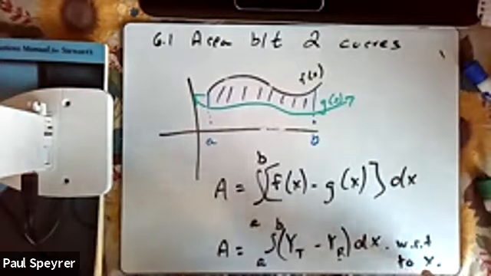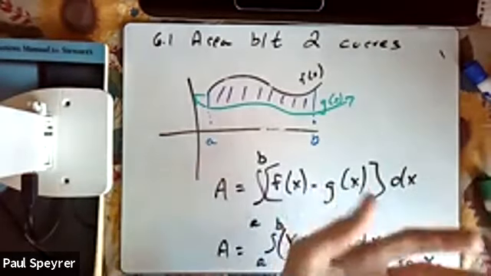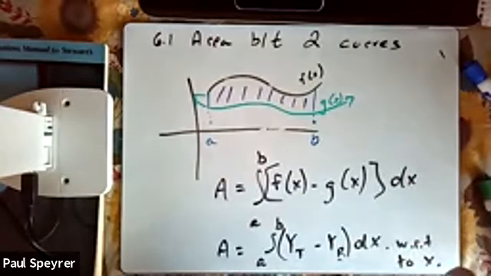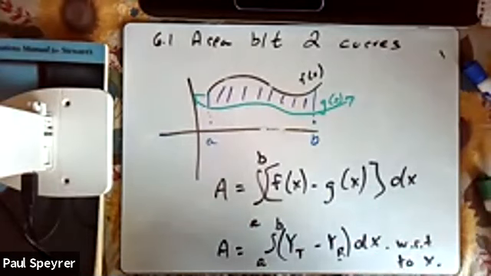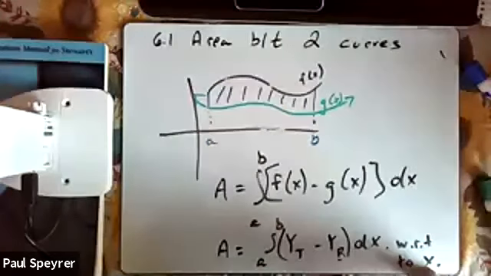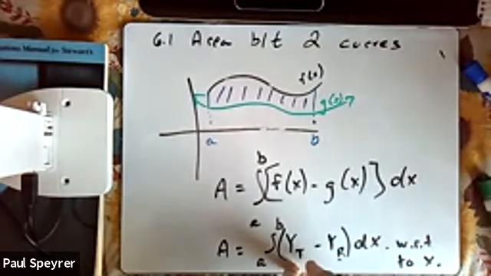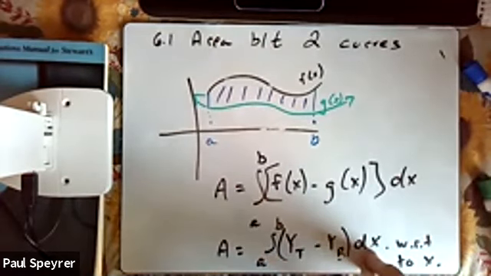But if your equations have y squared or y cubed or y to any other power higher than 1, then you're going to be doing it in the reverse direction, with respect to y instead. When I say this phrase with respect to x, it means that all stuff inside your integral has to be variables of x only. Also, this is dx right here.